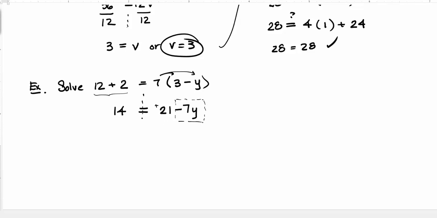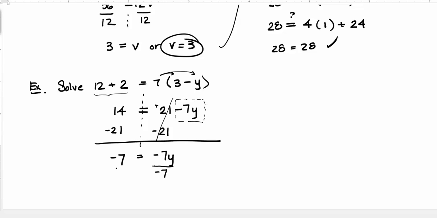So I want to get rid of it on that side. So I'm going to subtract 21 from both sides. So these go away. And I have negative 7y equals negative 7. The last thing I do is divide by the coefficient of the variable, and I get y equals 1.